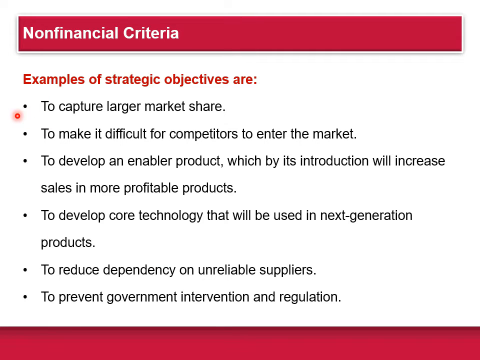You may want to capture a larger market share, make it more difficult for competitors to enter the market, develop a product that will increase sales, develop some core technology that will be used in the next generation of products, reduce dependency on unreliable suppliers, prevent government intervention and regulation. So these are all non-financial criteria that you might want to consider and come in with a rubric to score your particular project.